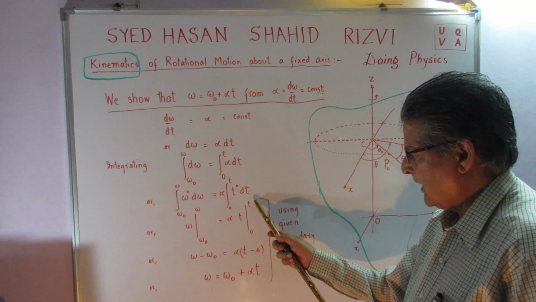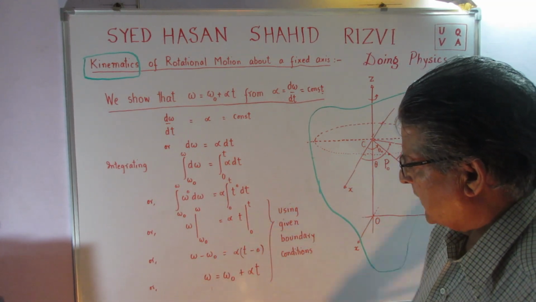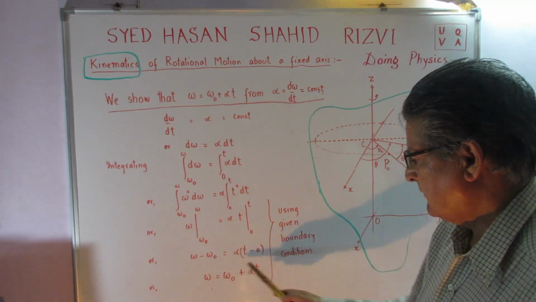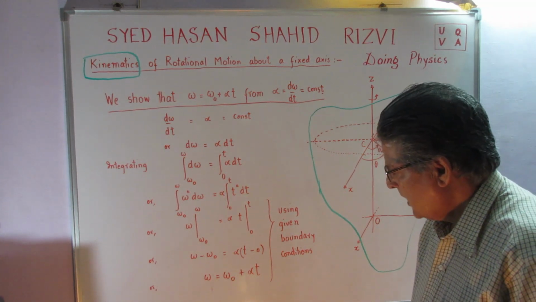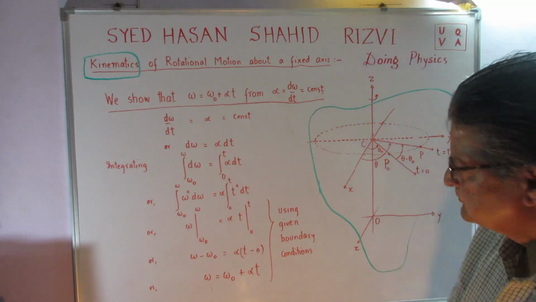And so when I apply these limits on the left hand side, I get omega minus omega naught is equal to alpha t minus 0, or I can write the final equation, omega is equal to omega naught plus alpha t. Of course, we have to use the given boundary conditions.